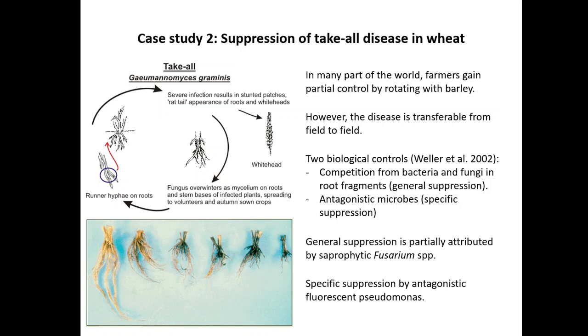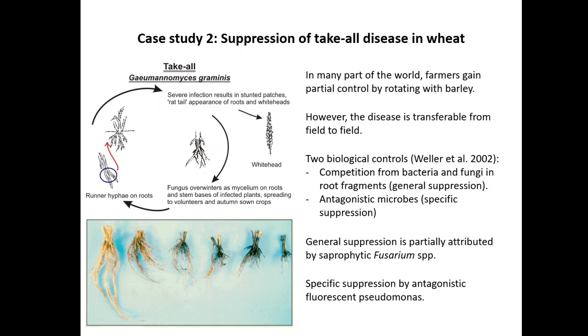Secondly, antagonist microorganisms in the rhizosphere and young root lesions can attack the pathogen and limit its infection and spread through roots, which means that this is a specific suppression.